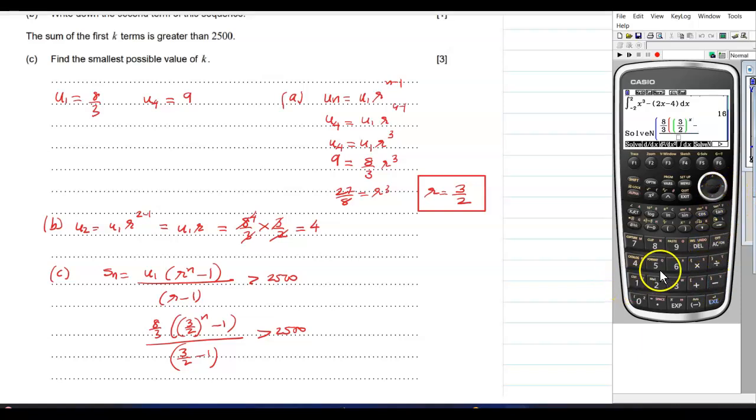Minus 1 close bracket. Yeah, close bracket because the red one will close. 1.5 minus 1, so 0.5. And that is equal to, so shift and space, this one, 2,500.